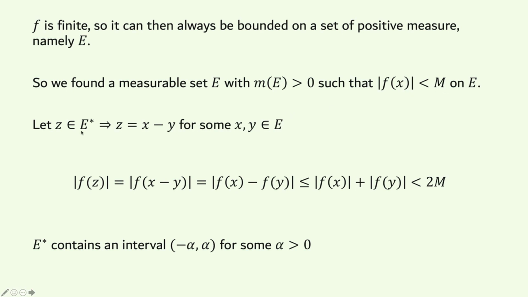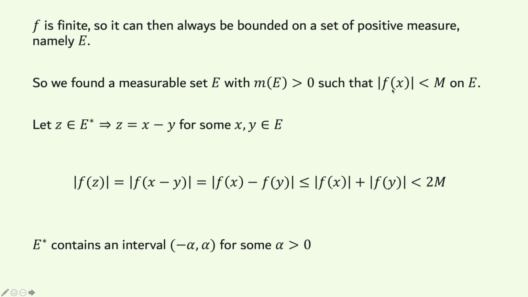Okay, so now we're going to let z be part of E star. We remember that E star is the set of all values such that if x and y are in E, x minus y is in E star. So then z is equal to x minus y for some x, y in E. So the modulus of f of z, which is f of x minus y by definition, using the additive property of f, is just f of x minus f of y.